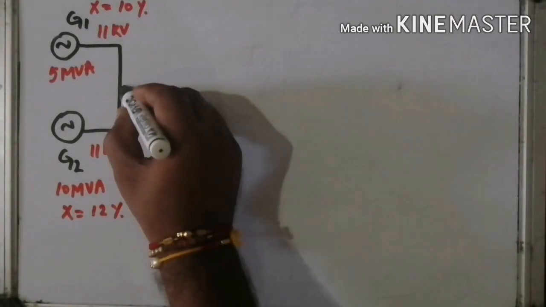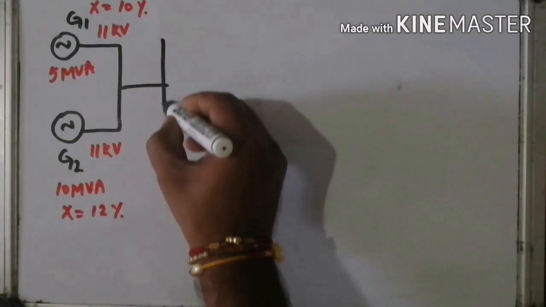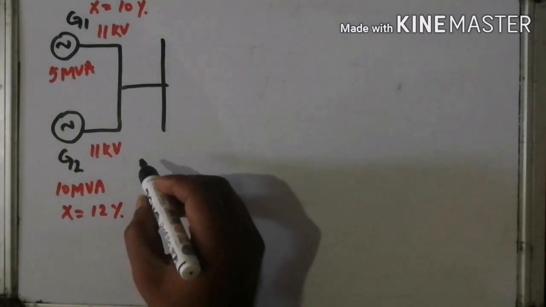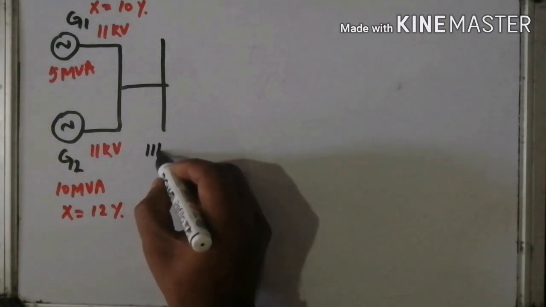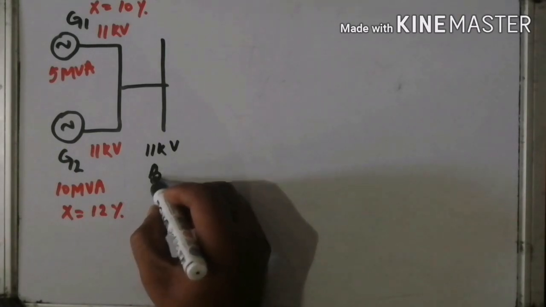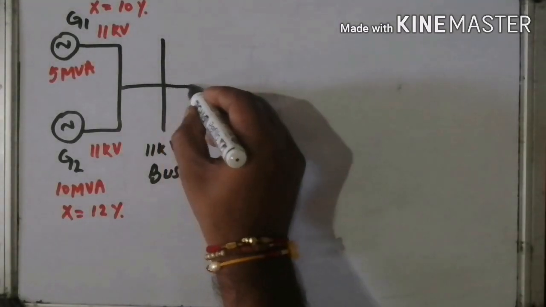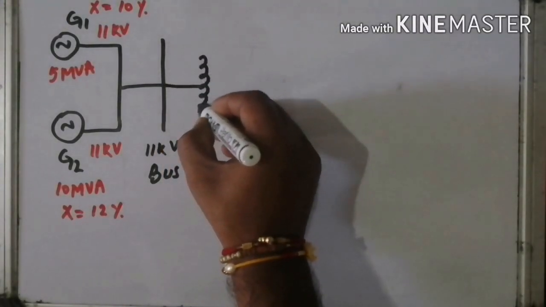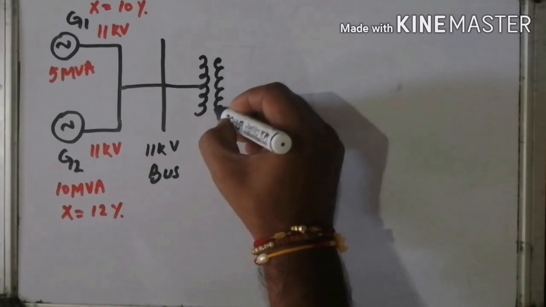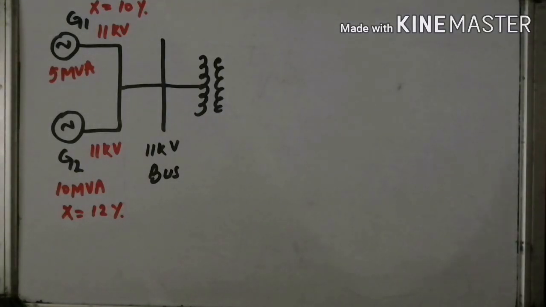Now this one is the bus bar having rating 11 kV. Then this one is the transformer number T1.